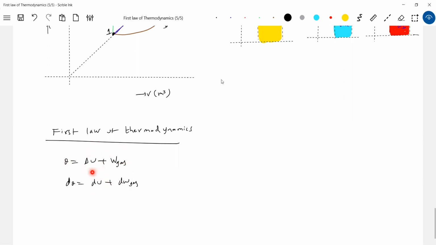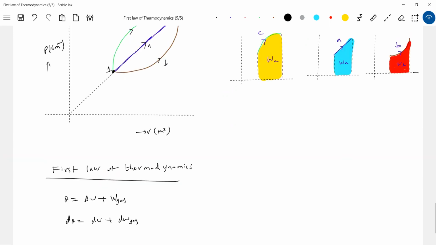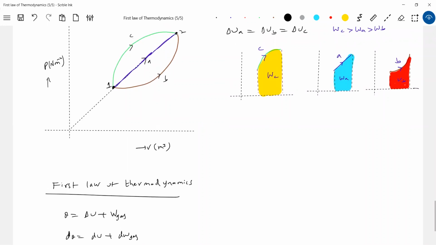Okay, now keeping this in mind, delta U is the same for all three paths. WC greater than WA, WB. So what you can say: QC greater than QA greater than QB. Agreed?